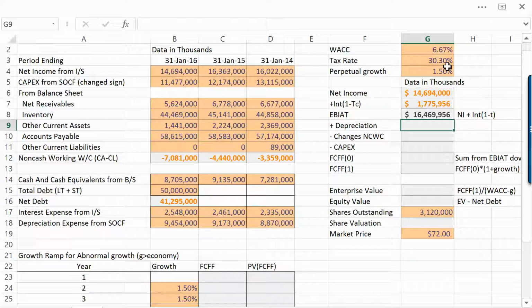Then I'm going to add back depreciation to get to cash flows. I'm going to subtract changes in working capital. So I'll subtract that change in working capital and subtract out CapEx.